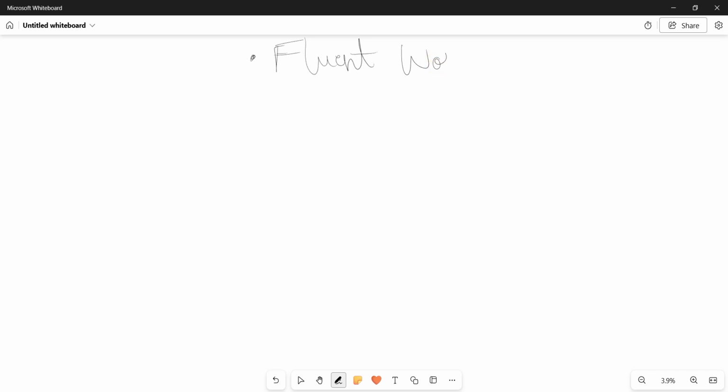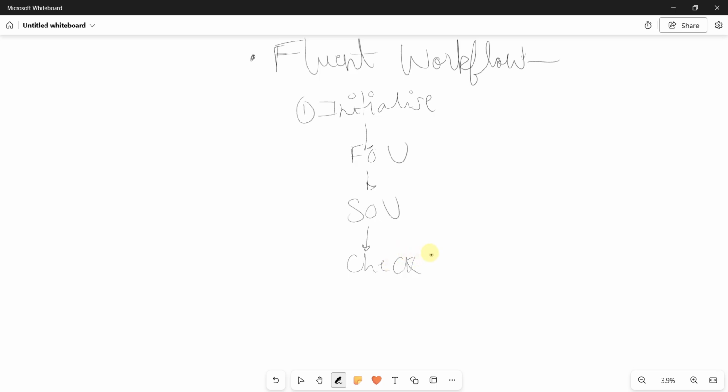So the Fluent workflow, right? How exactly everything happens now. First you initialize, then you use FOU, then you use second order SOU, you check residuals.